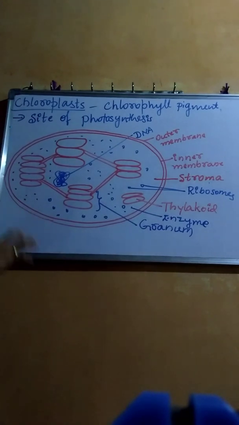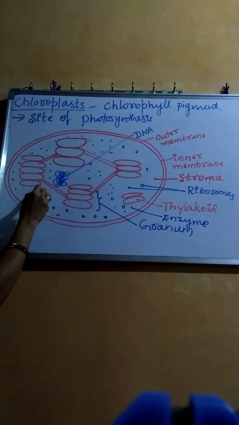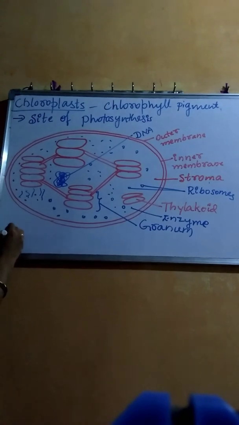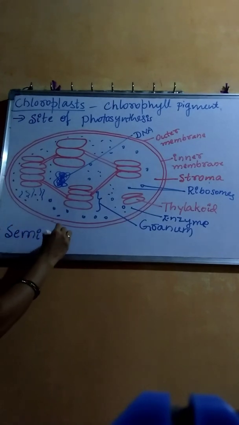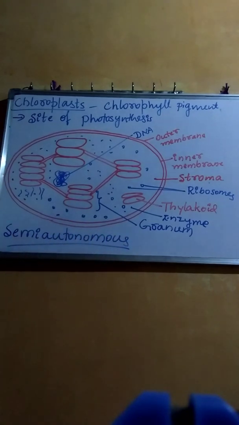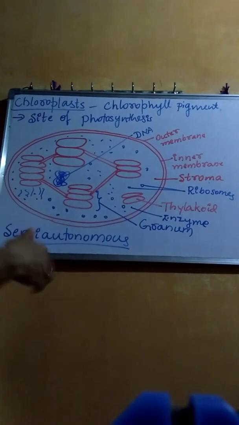Along with DNA it also contains some RNAs. The presence of DNA, RNA and ribosomes makes the chloroplast semi-autonomous. Chloroplast is semi-autonomous because it is able to synthesize some of its own proteins and it is able to duplicate itself.